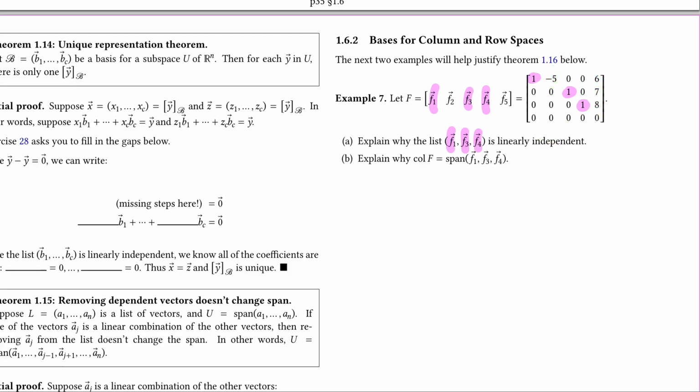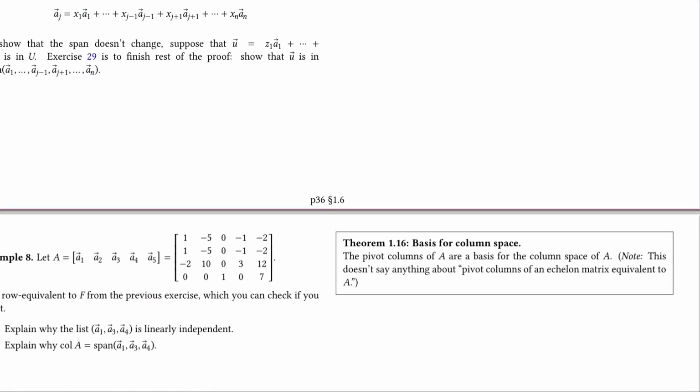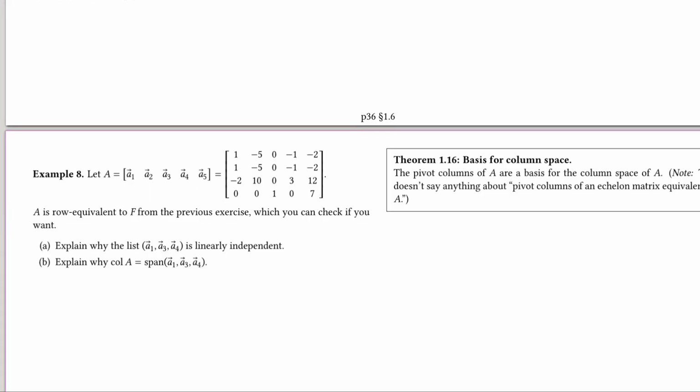Now, this is pretty easy to explain looking at just this one, but what I want to do is explain why this concept works in general, because it's going to help justify a theorem below, theorem 1.16. So let's look at that real quick and then look at example 8.